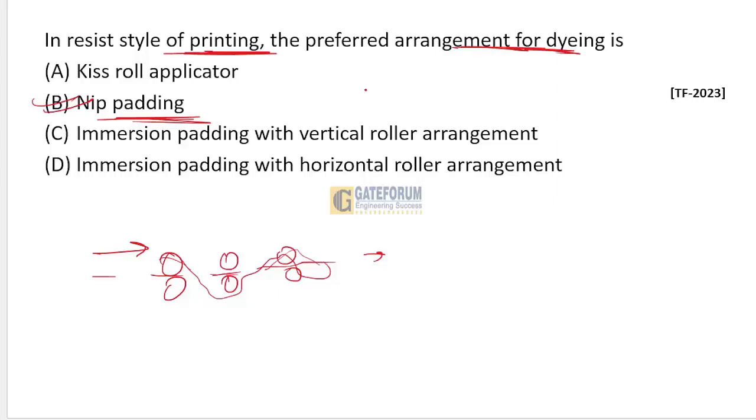To ensure that the penetration of the dye and the resist agent is even, and that there is no unevenness in the fabric. In resist printing, the resisting agent is applied to the fabric before it is passed through the nip rollers, and the roller presses the fabric to ensure that levelness is maintained. So it is done by the nip padding process. I think it is clear. So option B is the correct answer.